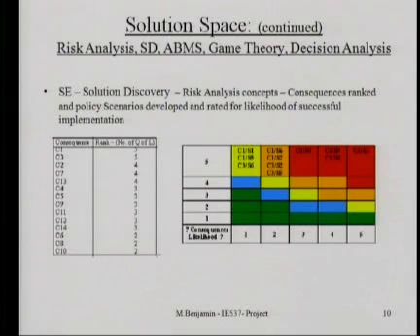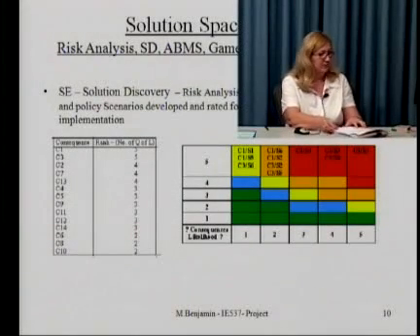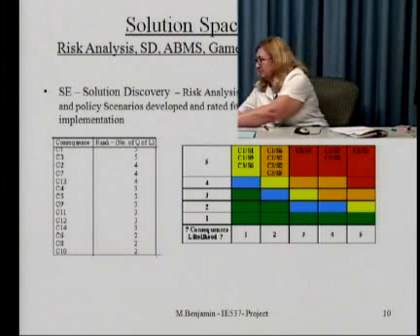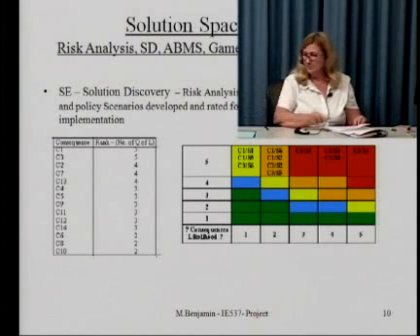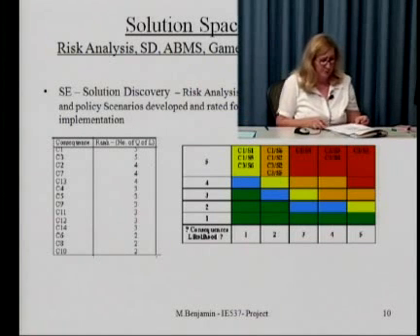So consequence 1 and consequence 3 were ranked the highest. Consequence 1 had to do with human health, and consequence 3 had to do with human rights.